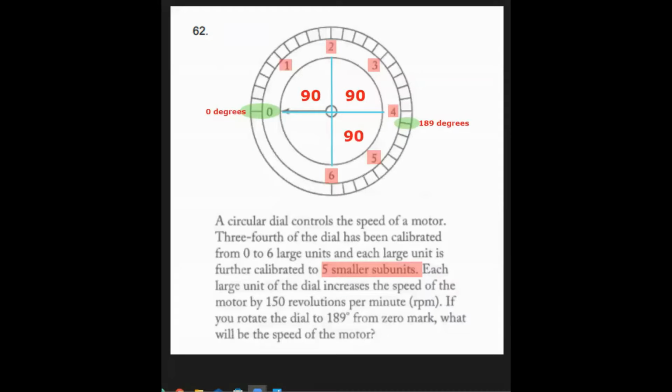Well, here we have 0 degrees at 0. And if we go around clockwise, like a merry-go-round, you can see that that's 270 degrees, because this is 3/4 of a 360-degree circle. But furthermore, we're told that there are 5 clicks in the calibration to the next 150 revolutions per minute.